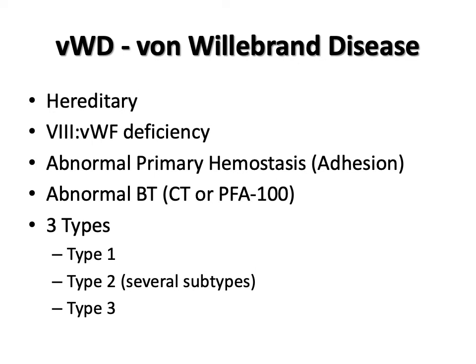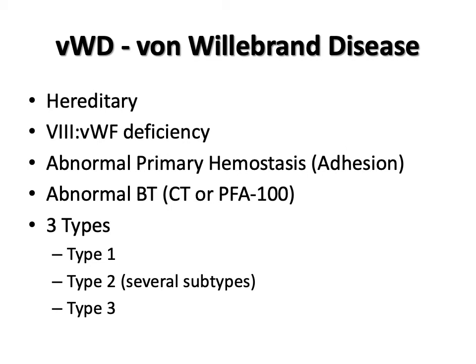This results in a very rapid clearance of both platelets and multimers. Type 2M is a decreased binding of von Willebrand factor to the primary platelet surface receptor for von Willebrand factor, GP1B. This results in a decreased ability of platelets to adhere to the endothelium.